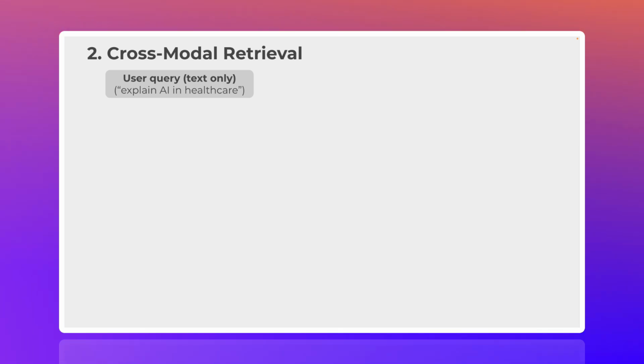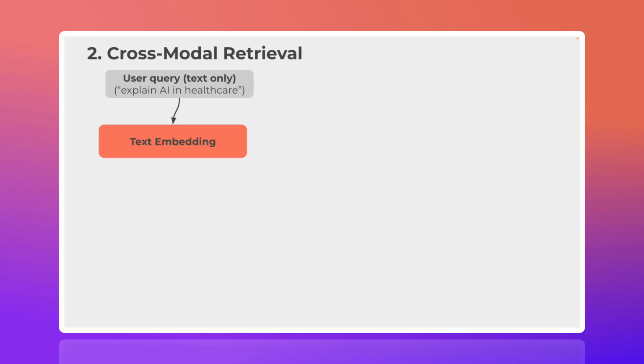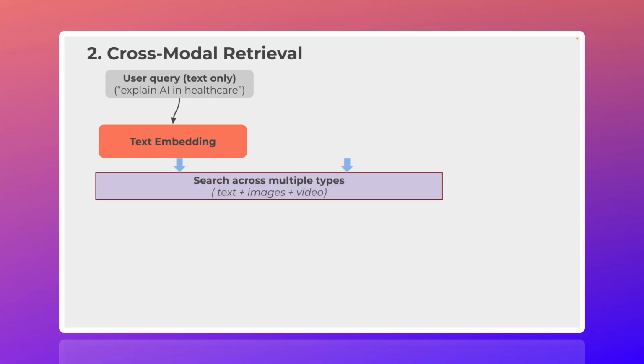The example here is as follows. The user goes in and says, explain AI in healthcare. Even though they're not passing an image, this is just textual, that text goes through the embedding process to get embeddings, and then goes through the search across multiple types: text, images, videos, audio, and so forth.